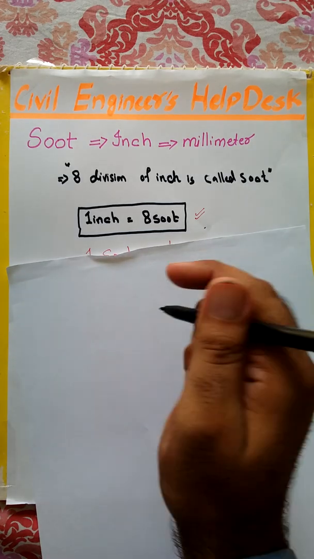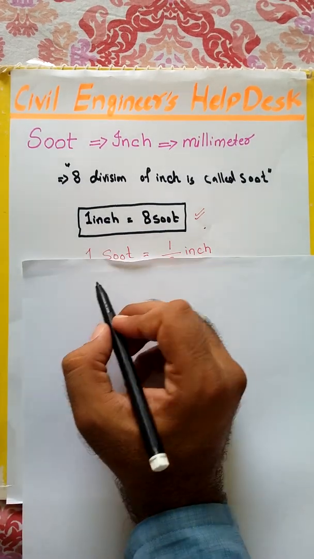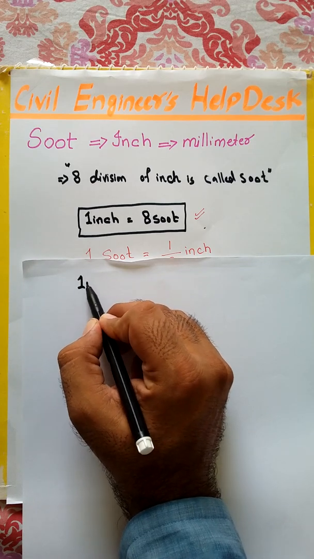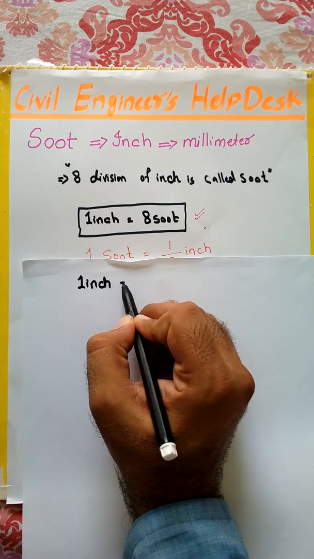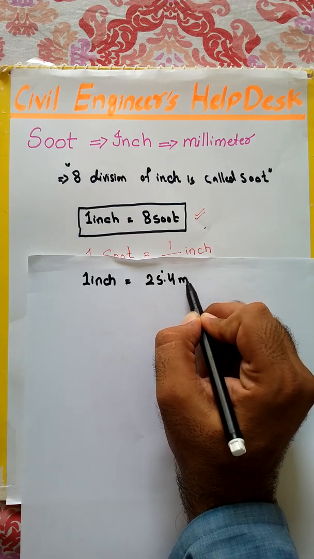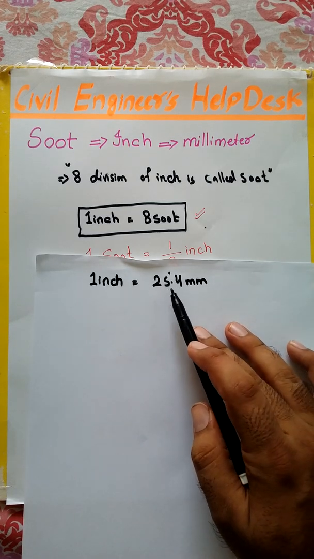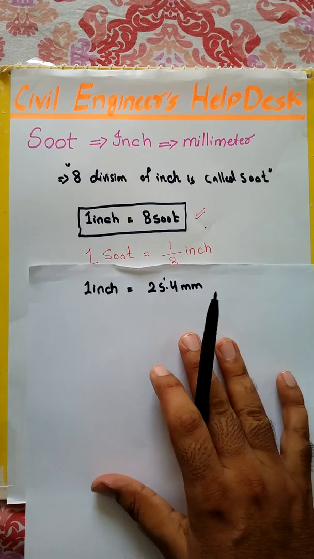First of all, you should know the relationship between inch and millimeter. Viewers, remember this: 1 inch is equal to 25.4 millimeter. 1 inch contains 25.4 millimeter.